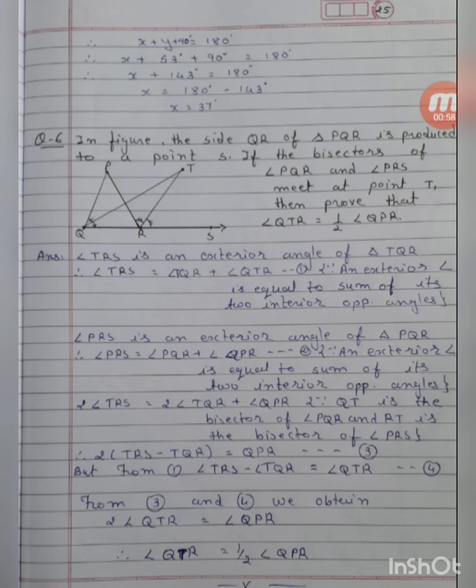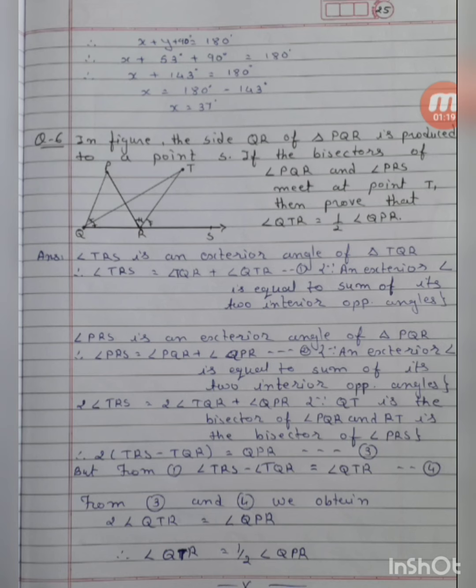So we put it: x plus 53 plus 90 is equal to 180 degrees. Then x plus 143 is equal to 180 degrees. Then x is equal to 180 minus 143. Then x is equal to 37 degrees. Thus we find the values of x and y.